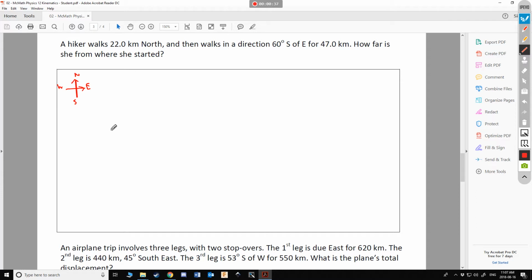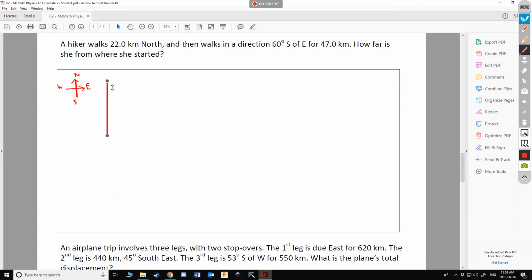Again, a scale model is ideal. So I just went 2.2 centimeters in that direction.